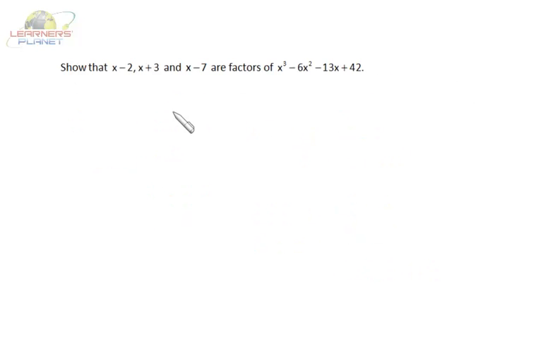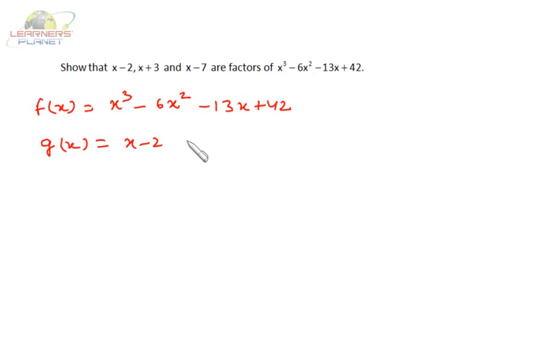Now, in this question, we have to prove that x minus 2, x plus 3 and x minus 7 are factors of this expression. So first of all, let's write fx as x cube minus 6x square minus 13x plus 42. Now we have to find out the zeros of all these three polynomials. Let it be gx, it's x minus 2.